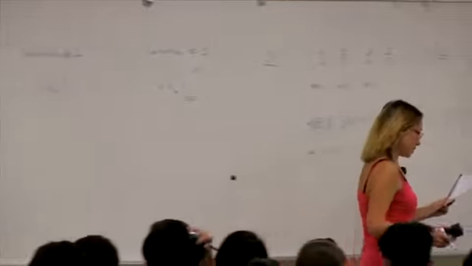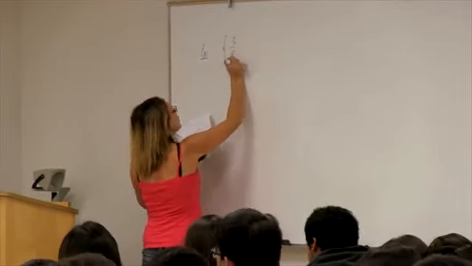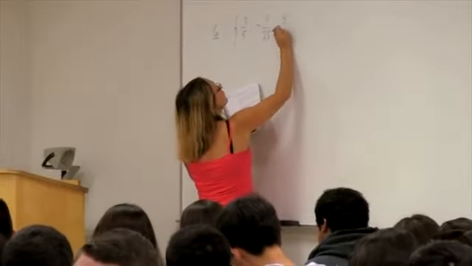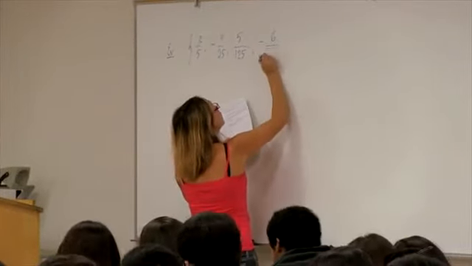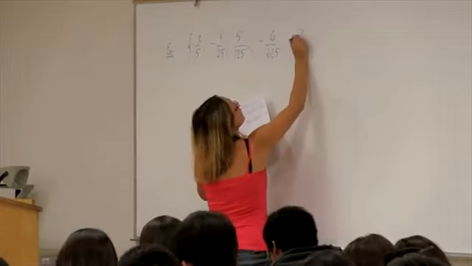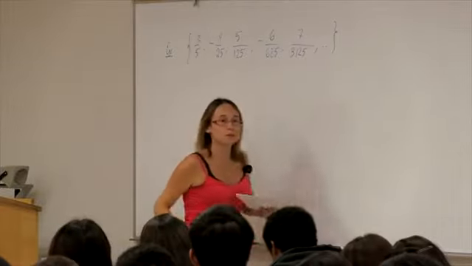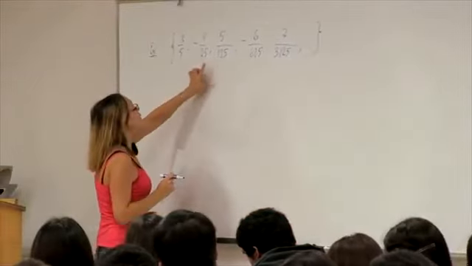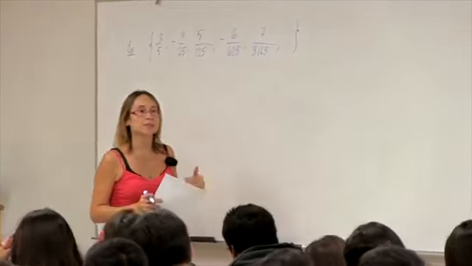Another example that is useful is like this. Okay, so let's find a general term here. It's more complicated. First thing that you notice is that the sign alternates: plus, minus, plus, minus, plus, minus. So every time we see something like this, there's a trick to do it.